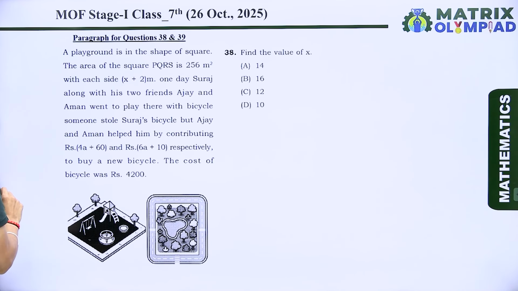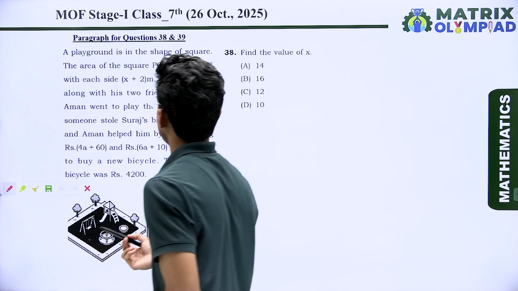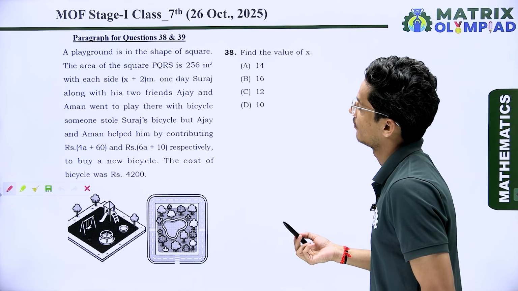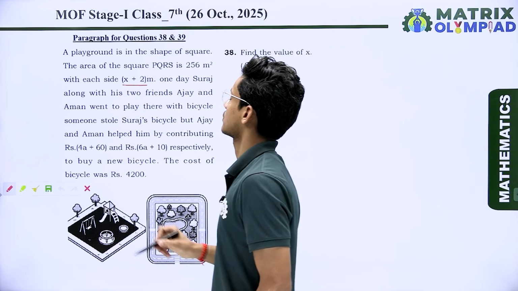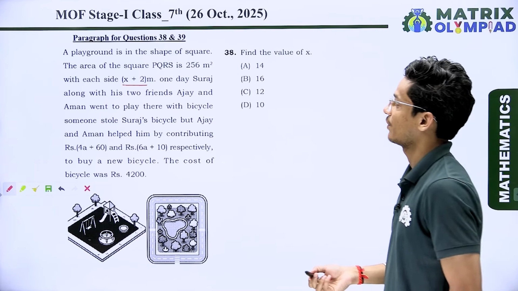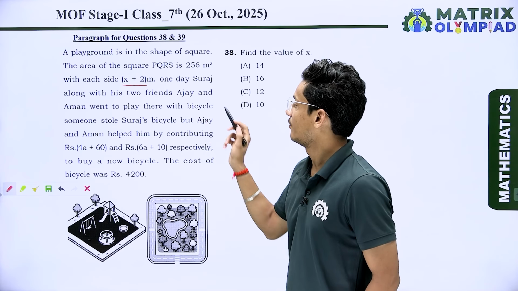Now the next question is based on a paragraph. The paragraph is: a playground is in the shape of a square and the area of the square is 256 meters square, with each side x plus 2 meter. One day Suraj along with his two friends Ajay and Aman went to play there with a bicycle.